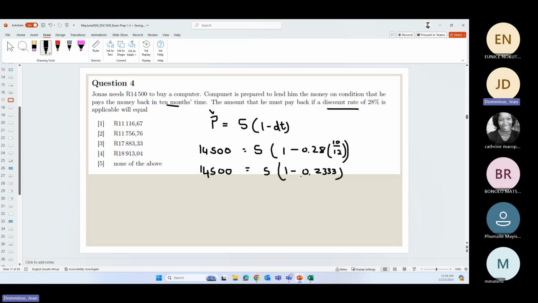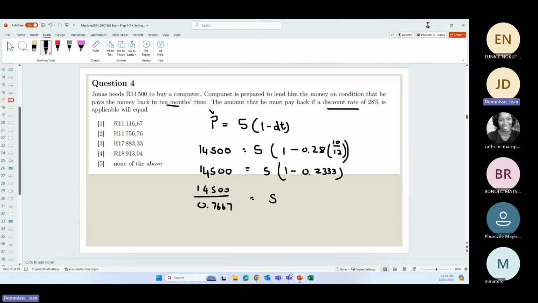So it will be 14,500 divided by 0.7667. That will give us our future value.